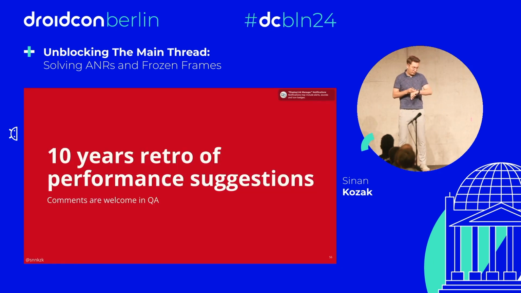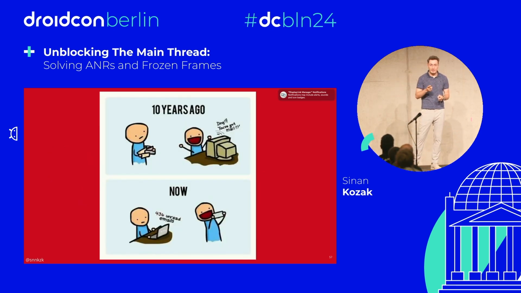Okay, the retro. So 10 years ago, like I mentioned, I was responsible for a chapter in an Android book. And in those 10 years, lots of things changed, but we're still optimizing. We got much faster devices. The technology evolved, and our software has also evolved.